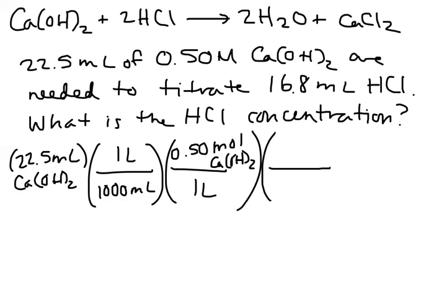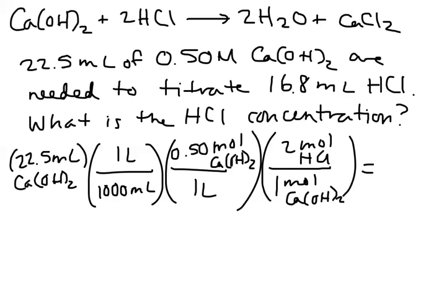My molar ratio is 1 mole of Ca(OH)2 per 2 moles of HCl. And that's going to give me 0.0225 moles of HCl. How many sig figs do I have?